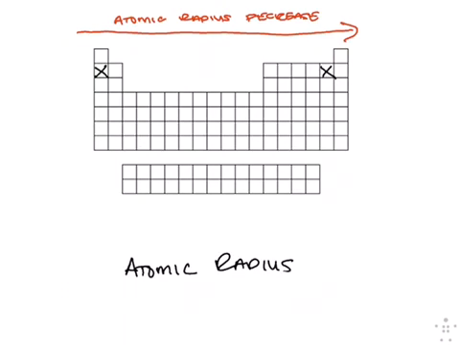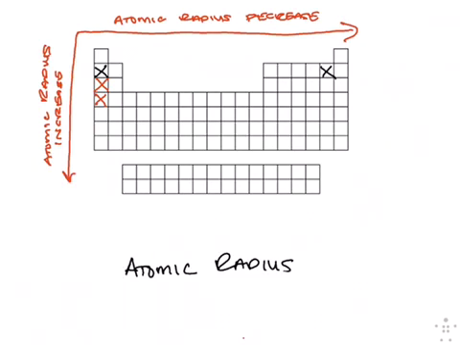Now as we go down a group on the periodic table, the trend is that atomic radius increases. And the reason for this is every time you go down a new box on the periodic table, down one group, you are adding a new energy level to that particular atom where you're putting electrons in.